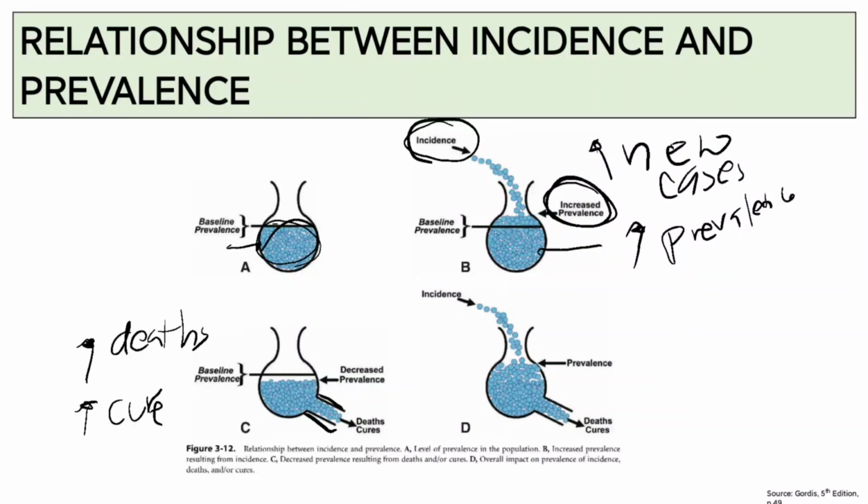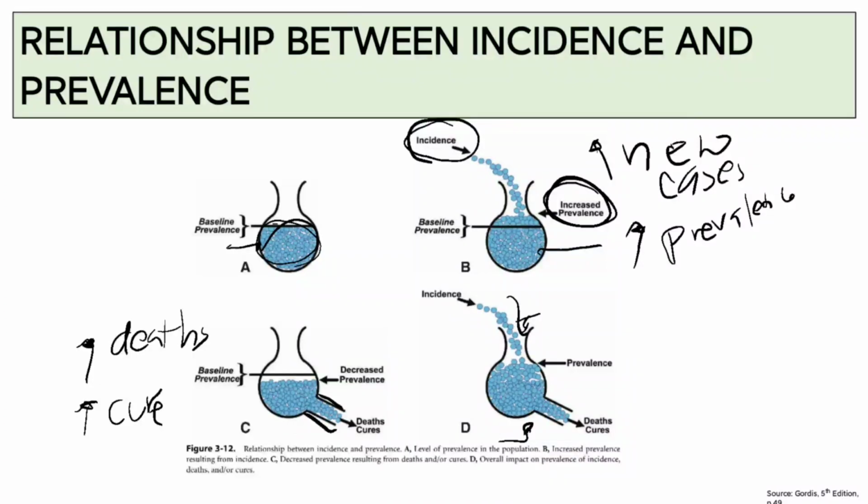And then lastly, sa letter D, continuous yung nadadagdagan yung incidents. Okay, continuous siya. Tapos yung deaths, continuous din. Di ba? So, continual addition of new cases and increases yung prevalence. Tapos, yung death and or cure diseases, decreases naman yung prevalence.